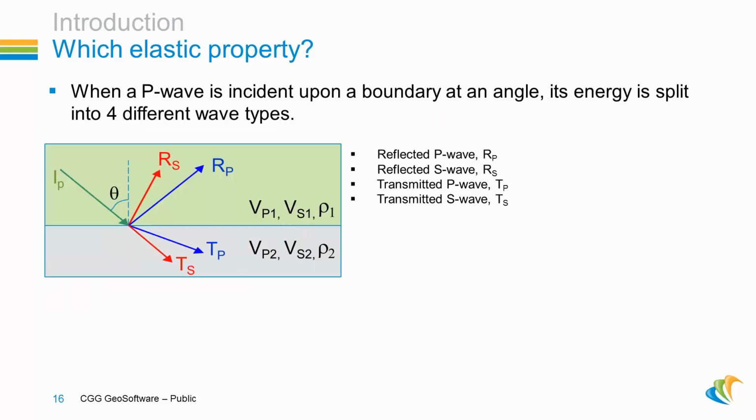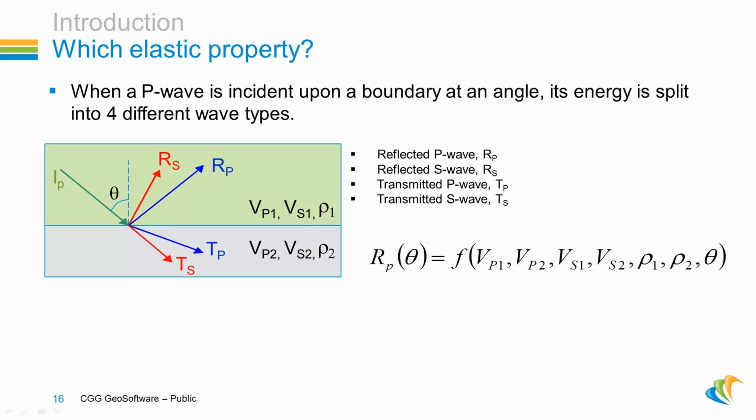But if the incident wave is not normal to the interface, then there is an angle between the normal to the interface and the ray, which is the wave hitting the interface. In that case, we will have a reflected P and S wave and a transmitted P and S wave.